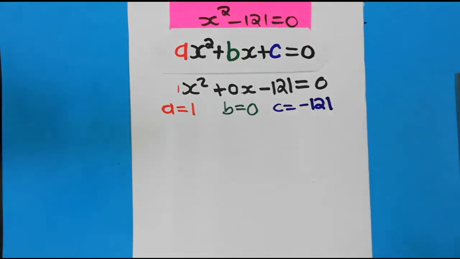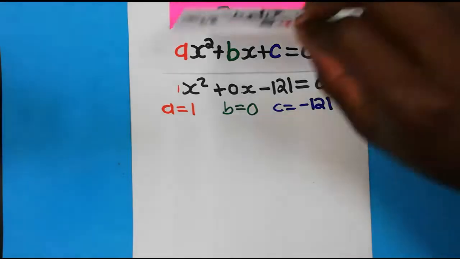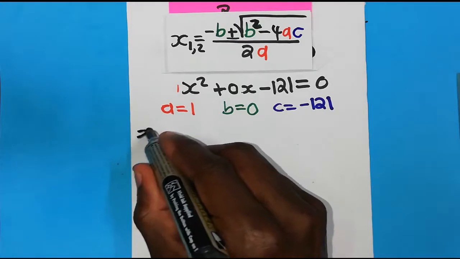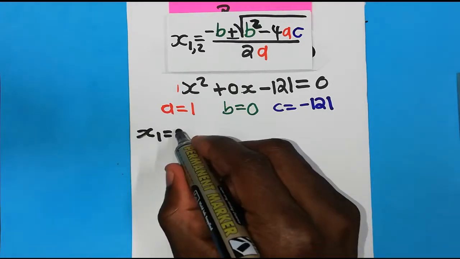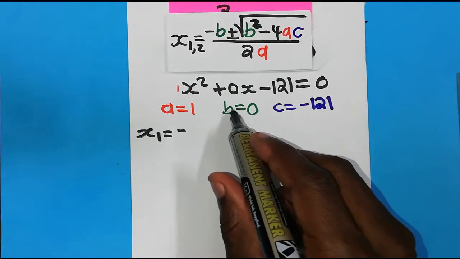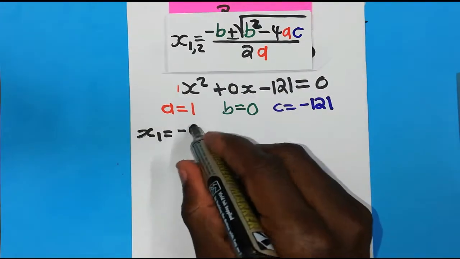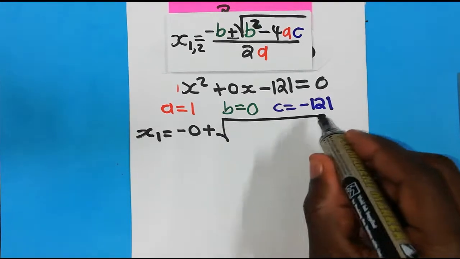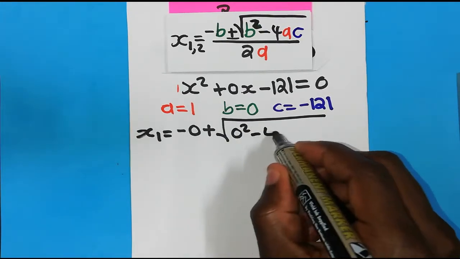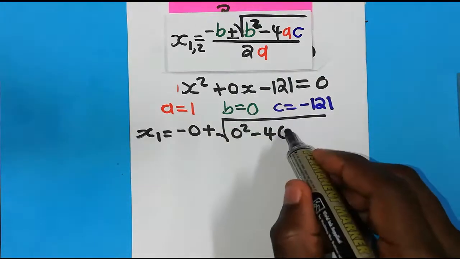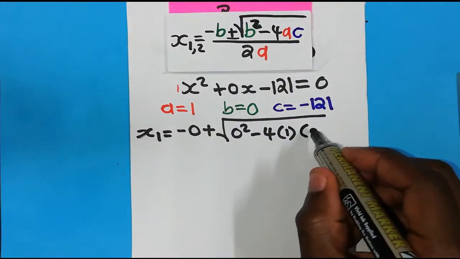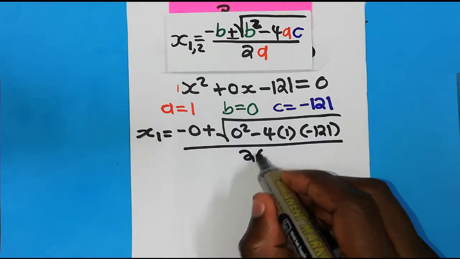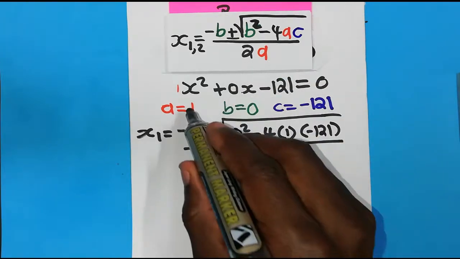All right, great. Let's use the quadratic formula to solve for the first x. So x1 will be minus b, so whenever you see b, you put 0. So I'm going to say 0 plus the square root of 0 squared minus 4 times a, which is 1, and then c is minus 121, divided by 2a, which is 1.